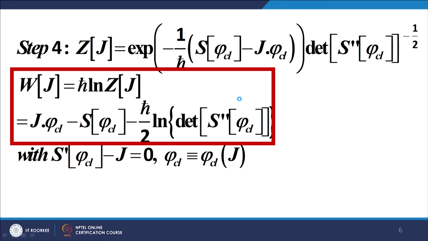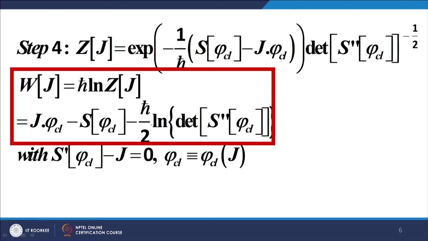It becomes j phi classical minus 1 by h, minus 1 by h, h and 1 by h cancel out, of course, and we are left with j phi classical minus S phi classical minus h by 2 log determinant of the last expression. This is the minus 1 by 2 part of this h by 2. Please note again we have S dash of phi classical minus j is equal to 0.